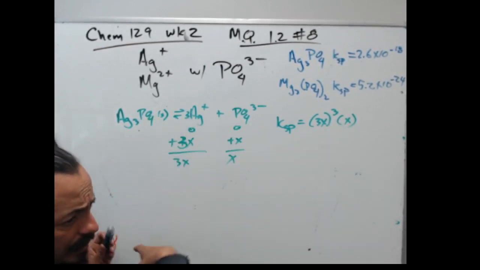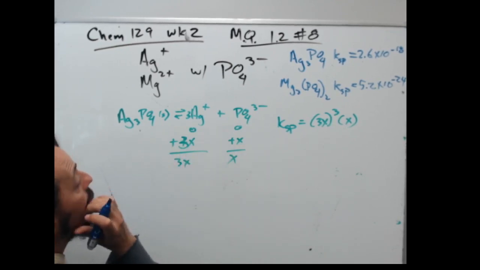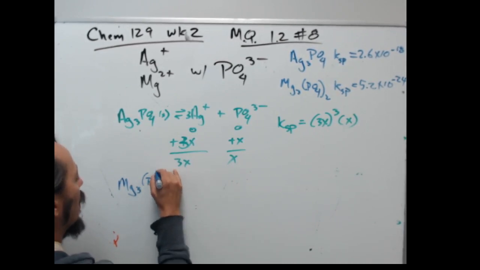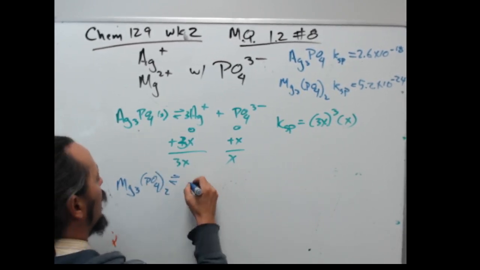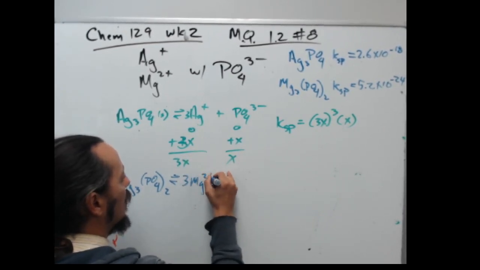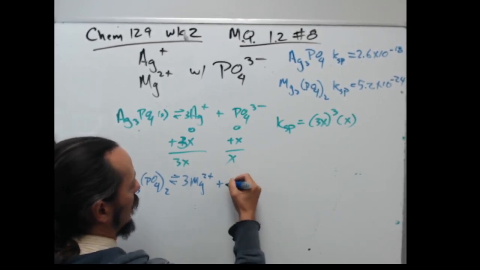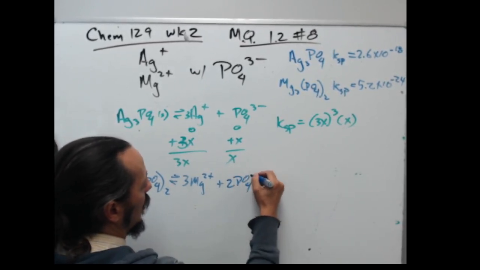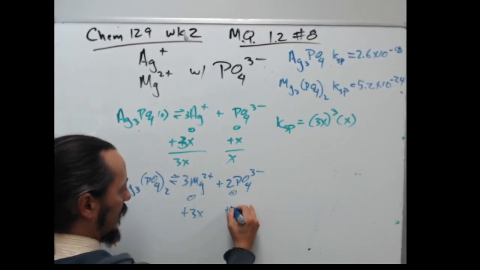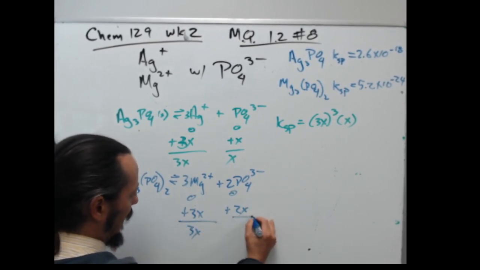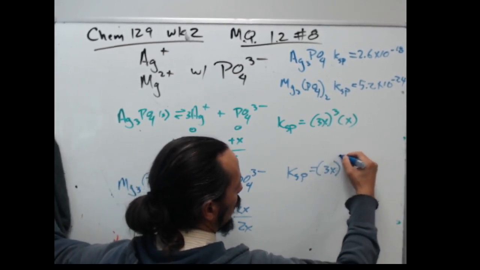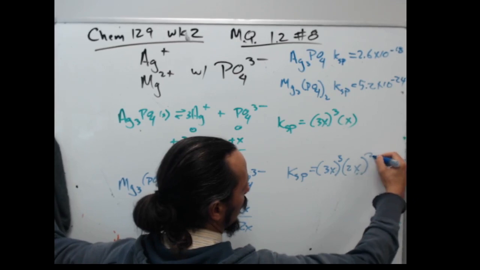I know you can all follow this along, but I just want to set up the magnesium phosphate at the same time. Mg3(PO4)2 goes to, getting ahead of myself, 3 Mg2+ plus 2 PO4 3-, that's going to be 0 and 0, plus 3x and plus 2x, giving 3x and 2x. We're going to end up with KSP is equal to (3x) cubed times (2x) squared.